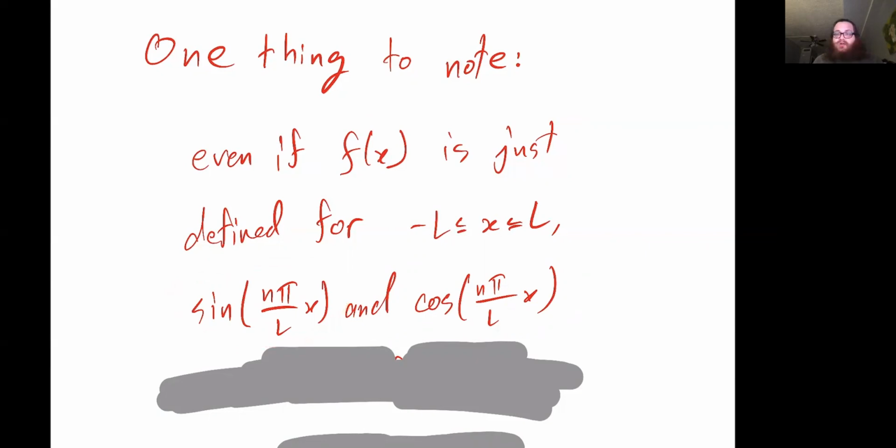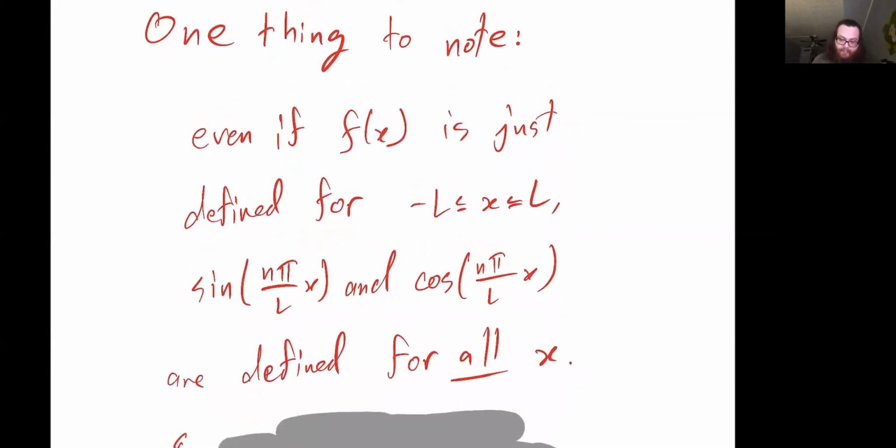These functions, we can plug in whatever we want, right? We can plug in x between negative L and L, or we could plug in much larger values of x, or values of x going off into the negative direction.